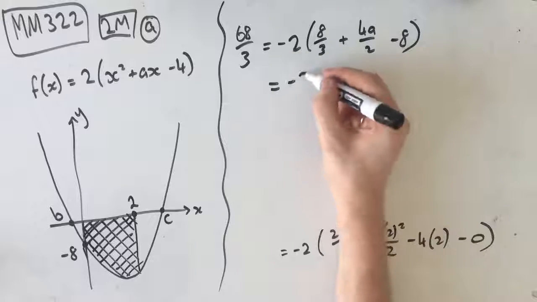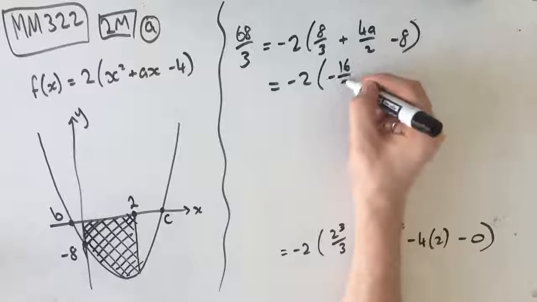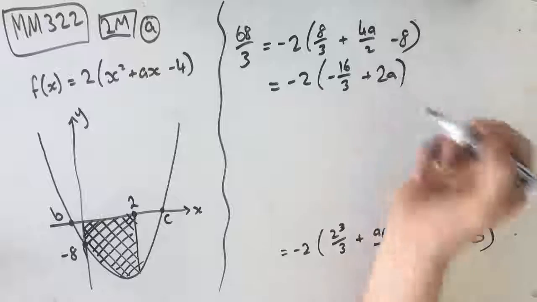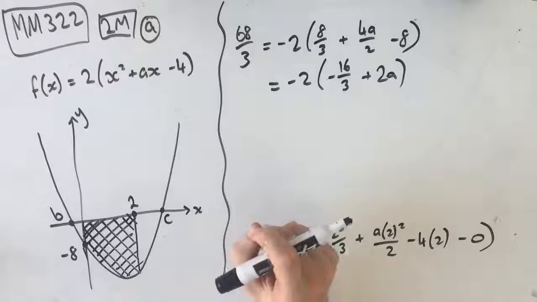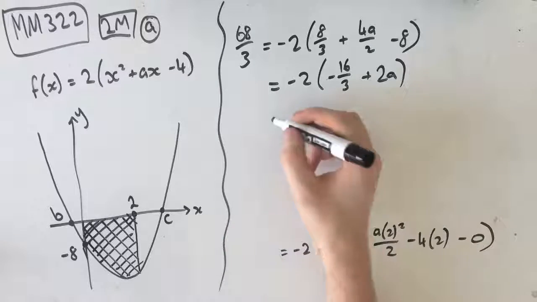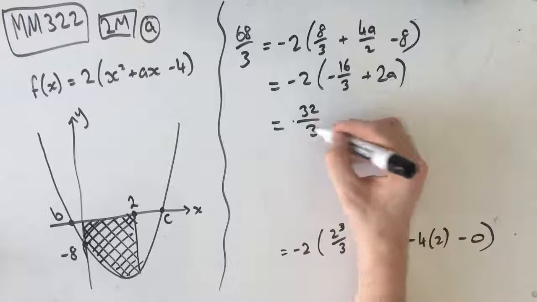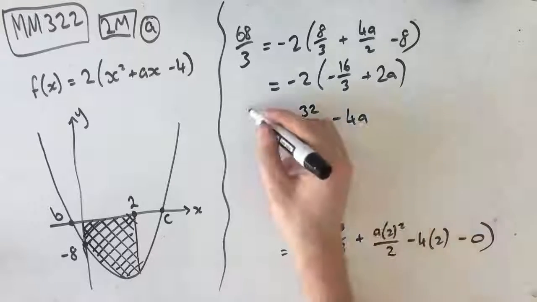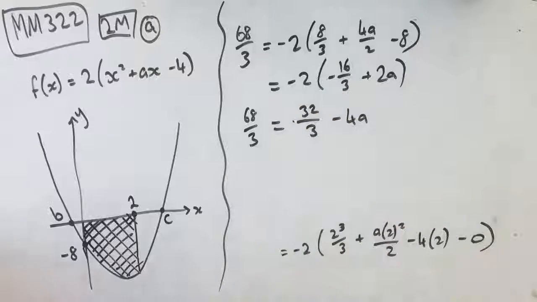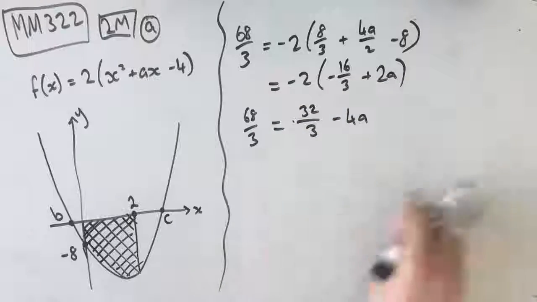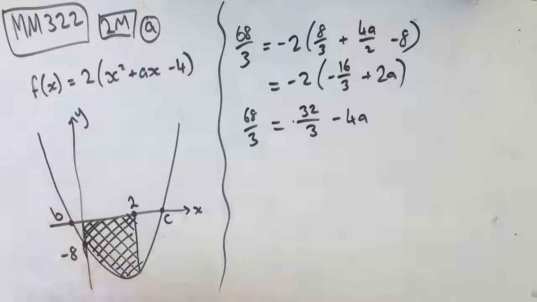Which works out to negative 2, negative 16 on 3 plus 2a. And that's what we'll get inside there. Now, expanding all this out, we get 32 over 3, take away 4a is equal to 68 on 3. Okay? If you're having a bit of trouble following along with the pace I'm going at, just pause the video and have a watch through as I'm going.